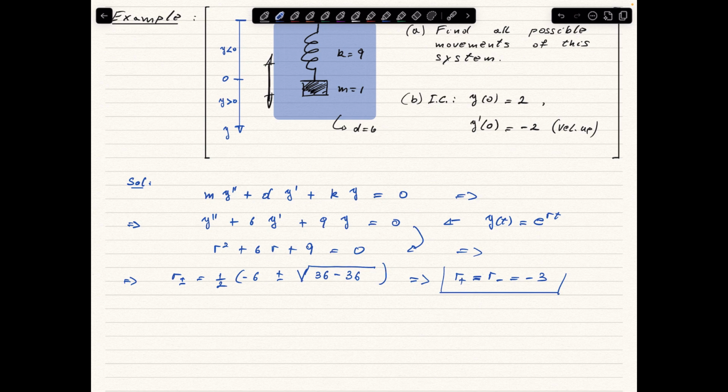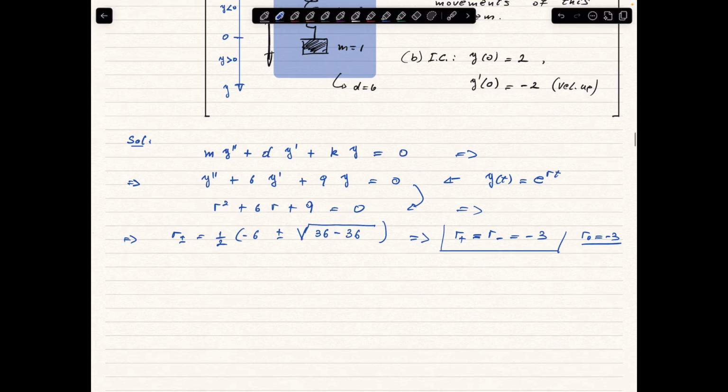So this is r0 from the previous calculation. r0 is -3. So we don't need to repeat the calculation in the theorem. Now we know that one solution is going to be exponential e^(-3t), but the other solution is going to be t e^(-3t).